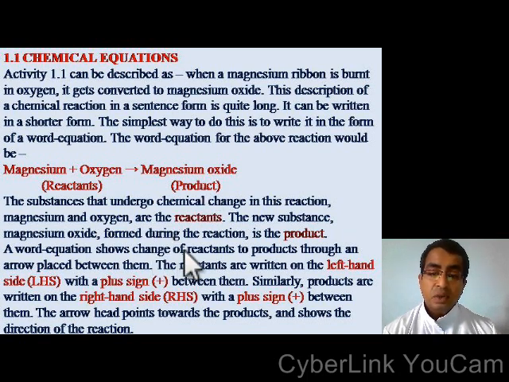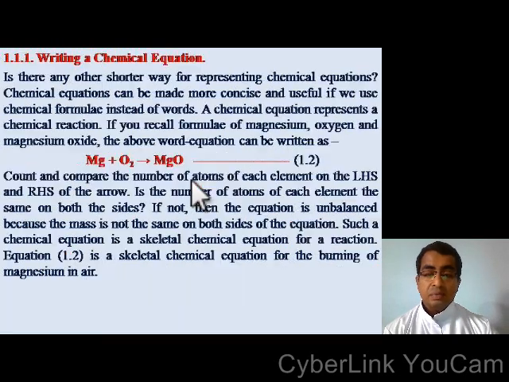A word equation shows change of reactants to products through an arrow placed between them. The reactants are written on the left hand side of the arrow with a plus sign and the product is written on the right hand side of the arrow.